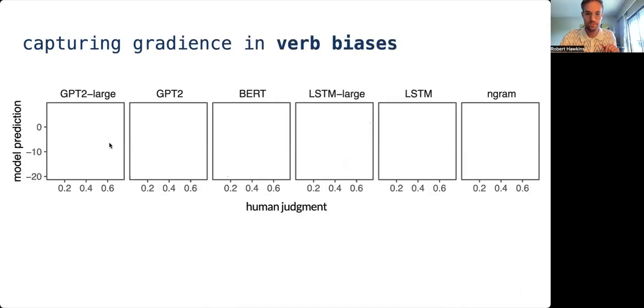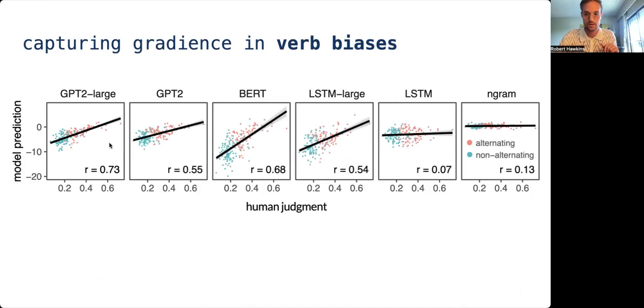So we found that if you compare across all of these different models, the really big large language models, in this case, BERT was the biggest one that we tested, do a really good job, not just of capturing discrete binary judgments about syntax, but also very graded sensitivity to the semantics of the construction and the lexical content that drives that preference.